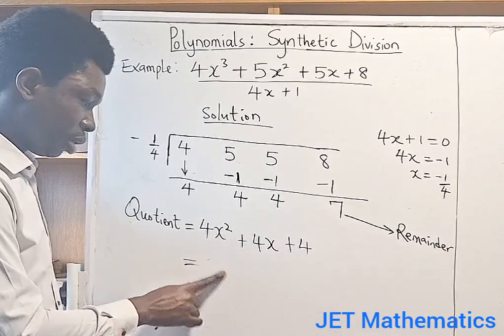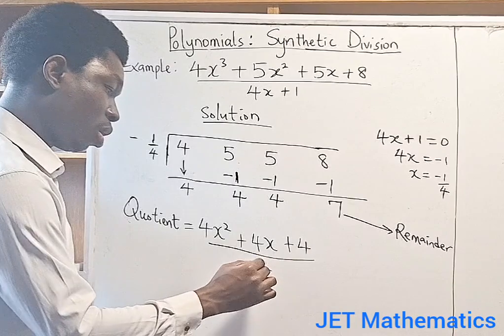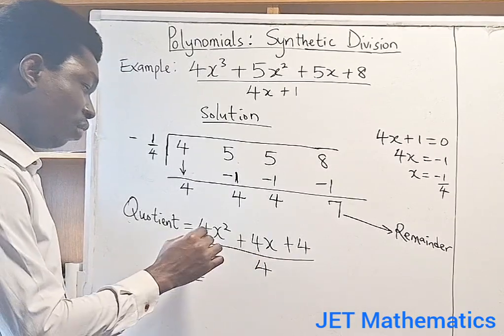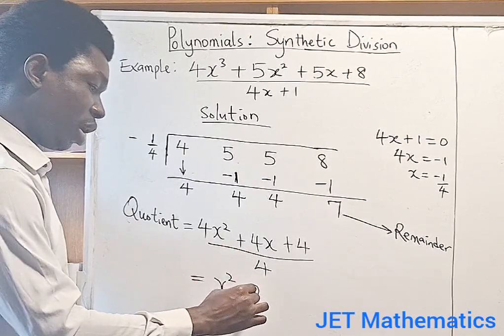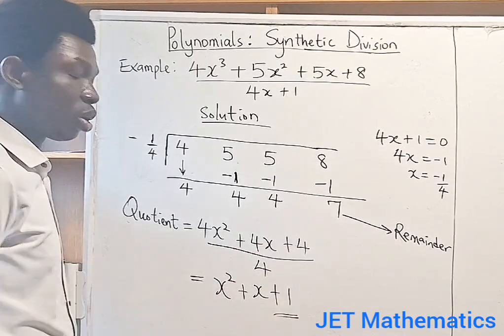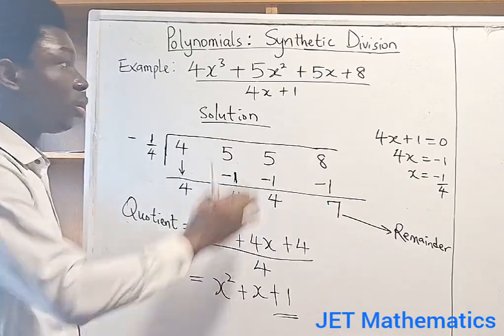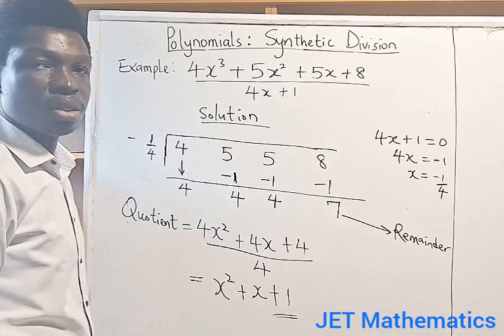We have s squared plus s plus 1. So this is the quotient, the result when this is divided by this. We have this remainder 7.